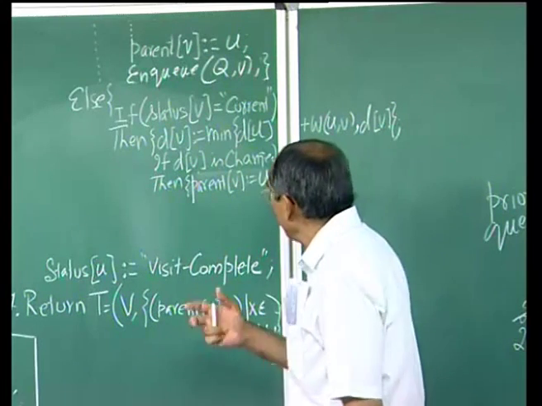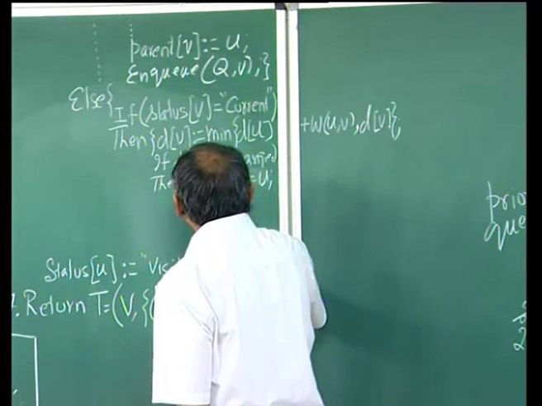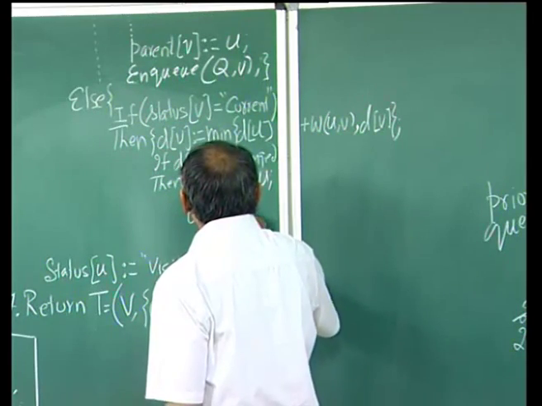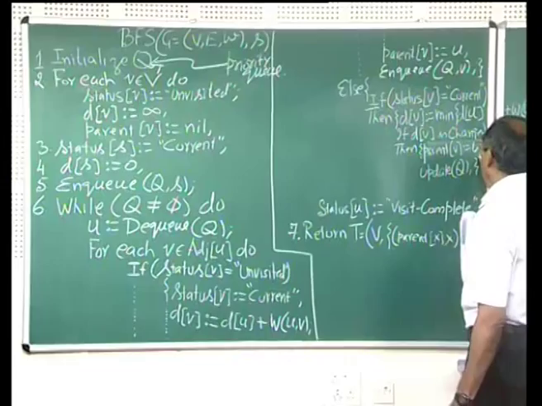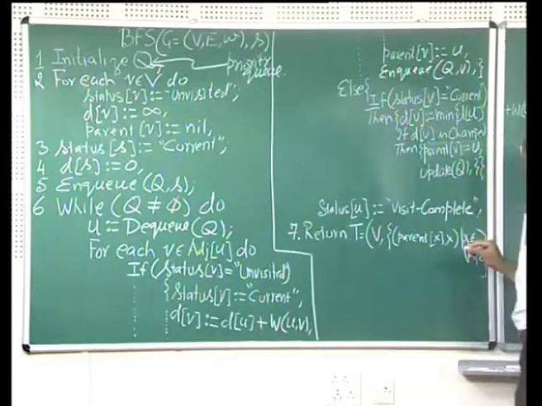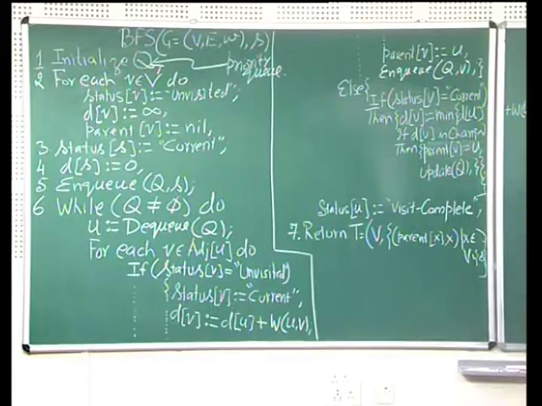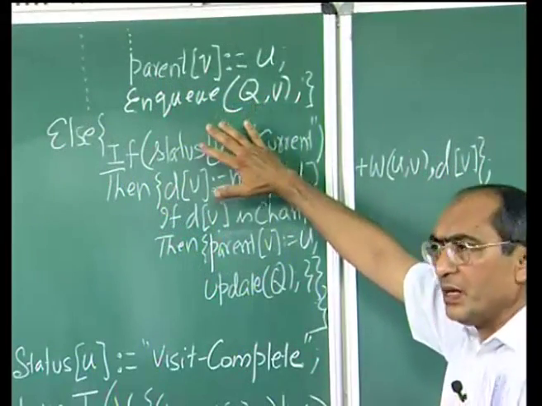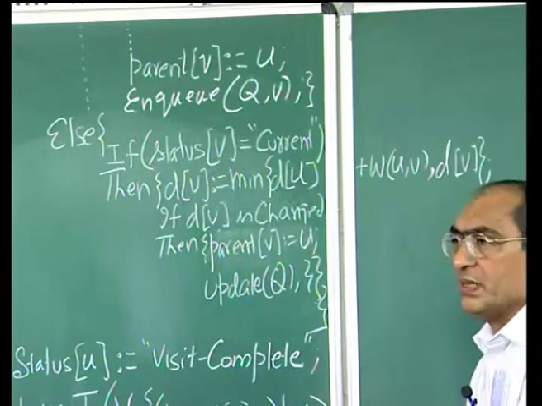So, certain internal changes have to be done. So, we will just say update Q. So, we have added this piece to accommodate a better value of dv.